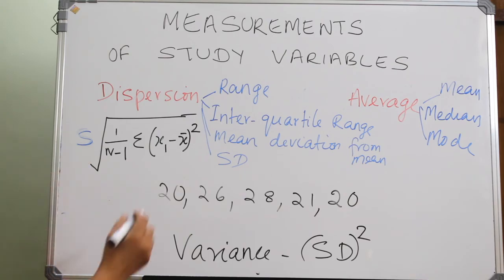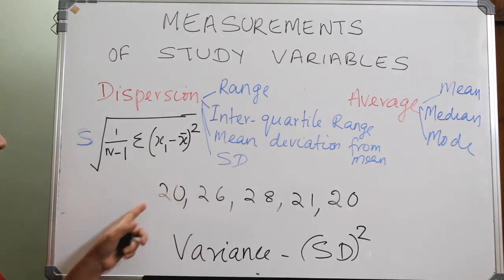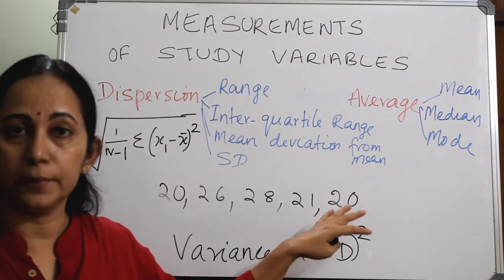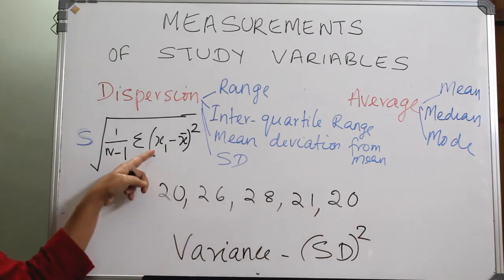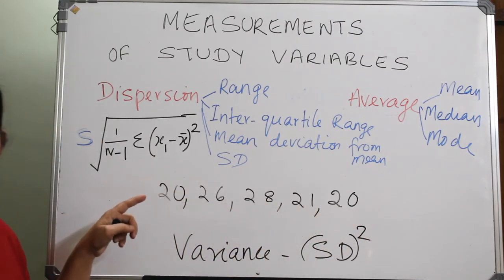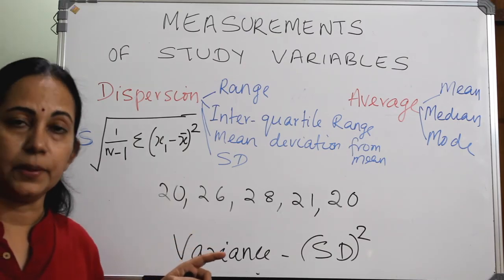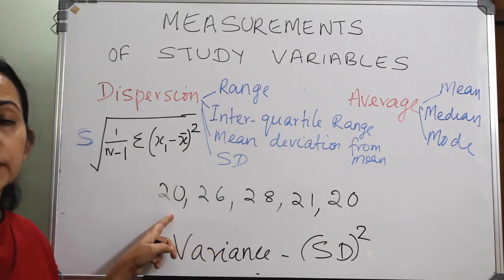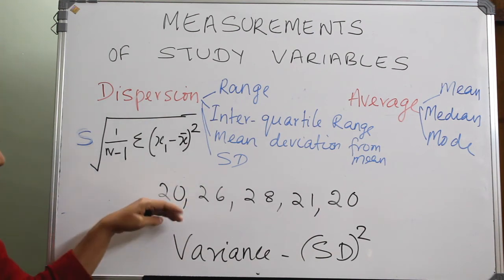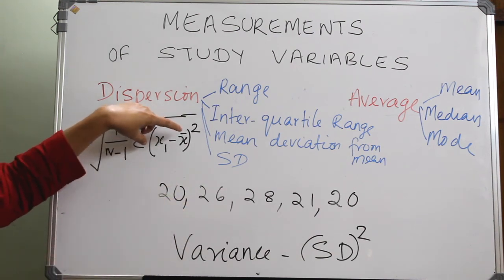So how will you calculate? First you have to take the mean. If these are the values, first you take the mean of all of them, and then for each data point you find the difference from the mean and square that.